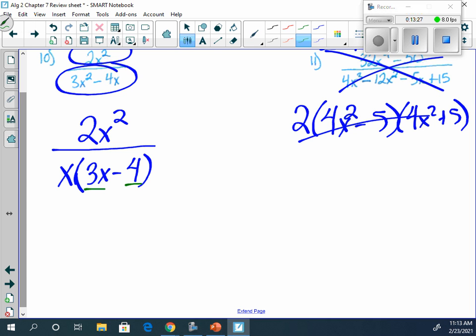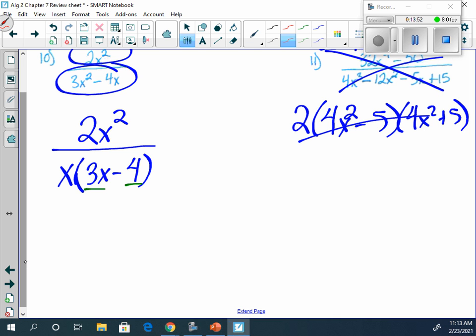Well, 3 and 4 don't have a greatest common factor. There's nothing that they share. There's no factors that 3 and 4 share. And there's just one x, so that is it. So x was the only greatest common factor, so we did pull it out originally. But if there was anything left in common, we can factor it out again. So we can do it in multiple steps. We don't have to do it all at once.